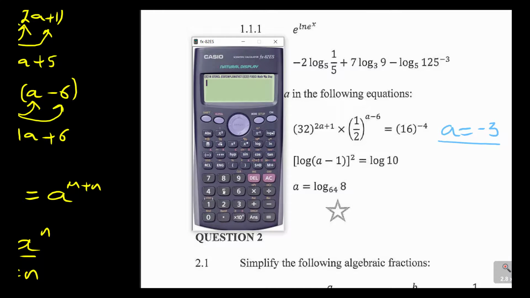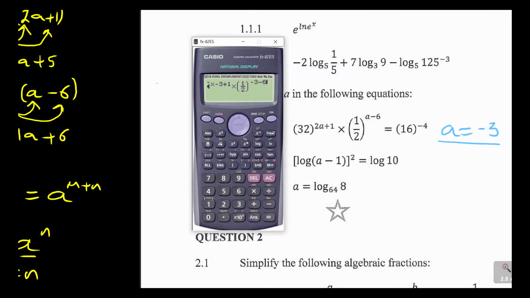You come here and say 32 to the power of 2 times negative 3 plus 1, times bracket fraction 1 over 2, and then you close that, and then a is what? To the power negative 3 minus 6.